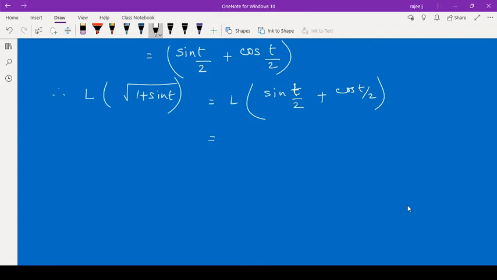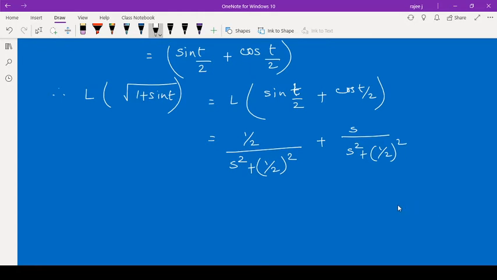This is equal to, here a is 1 by 2, so 1 by 2 upon s square plus a square, where a square means 1 by 2 square. Then plus here it will be s upon s square plus a square, so s square plus 1 by 2 square.